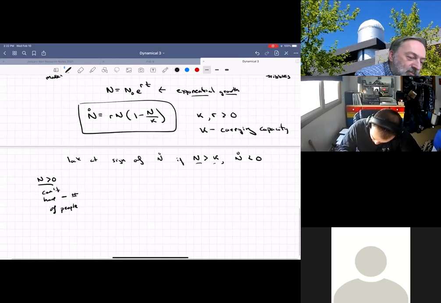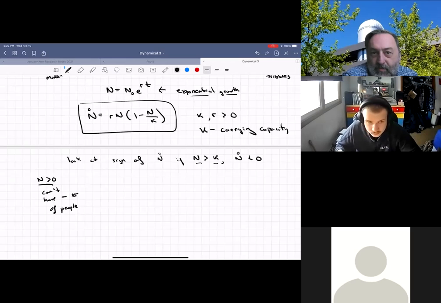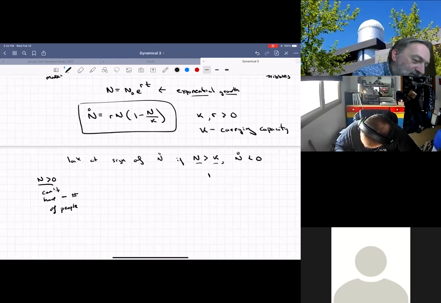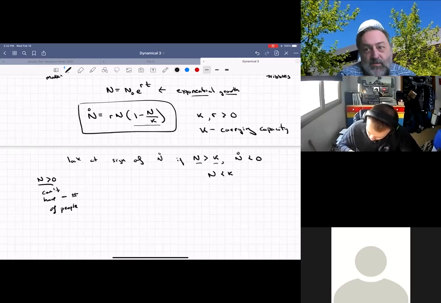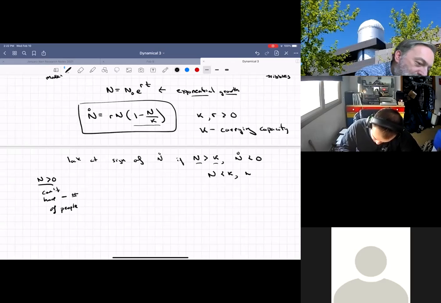So if n is more than the carrying capacity, n dot is negative, which means the population is decreasing. If I'm just looking at this parentheses, if n is more than k, then n over k is more than 1, and 1 minus n over k is a negative number. But if n is less than k, then n dot is positive.